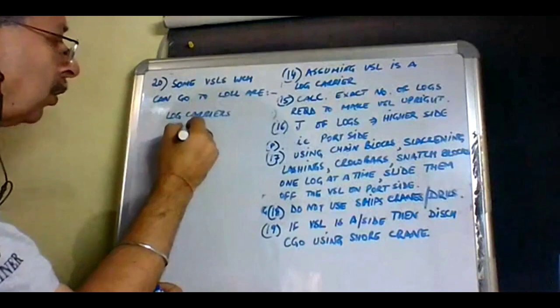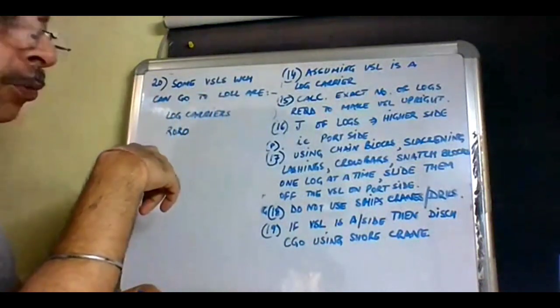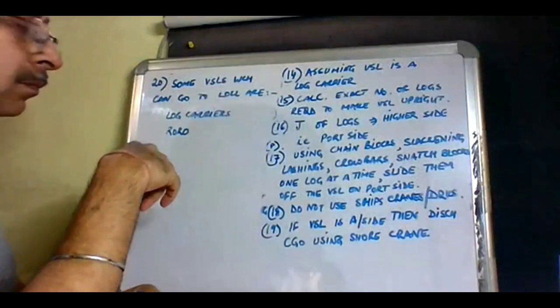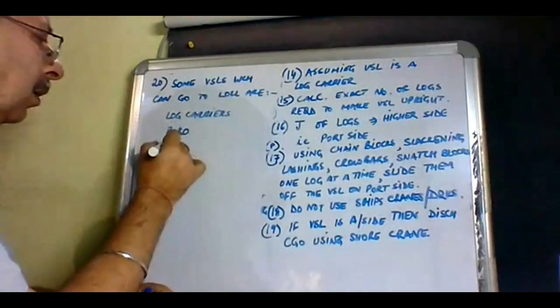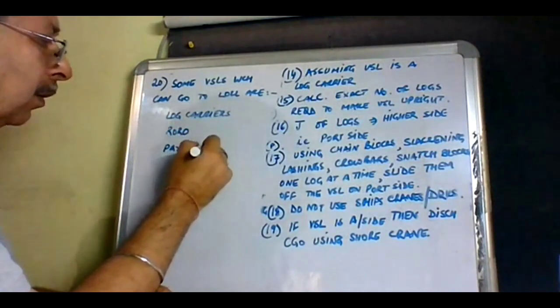Ro-Ros are also considered very, very popular to go to an angle of loll. Passenger ships go to an angle of loll.